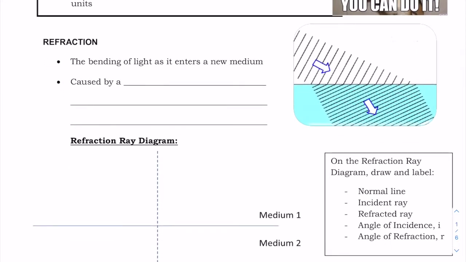Refraction is defined to be the bending of light as it enters a new medium. This is caused by a change in the speed of light as it moves from one medium to another.